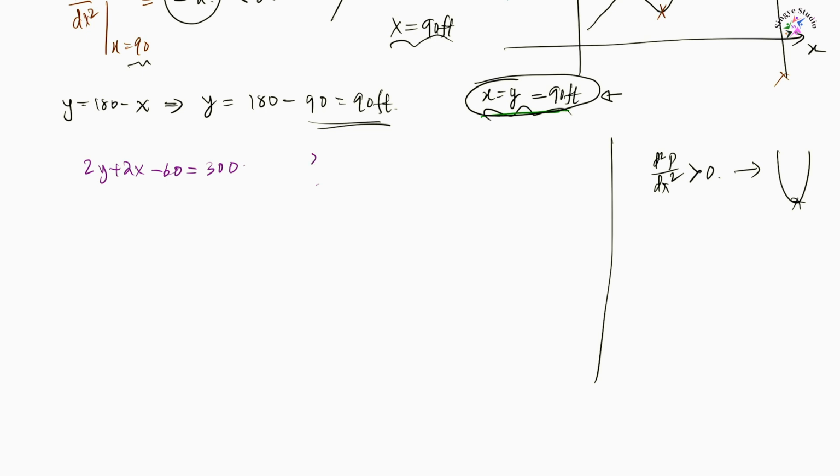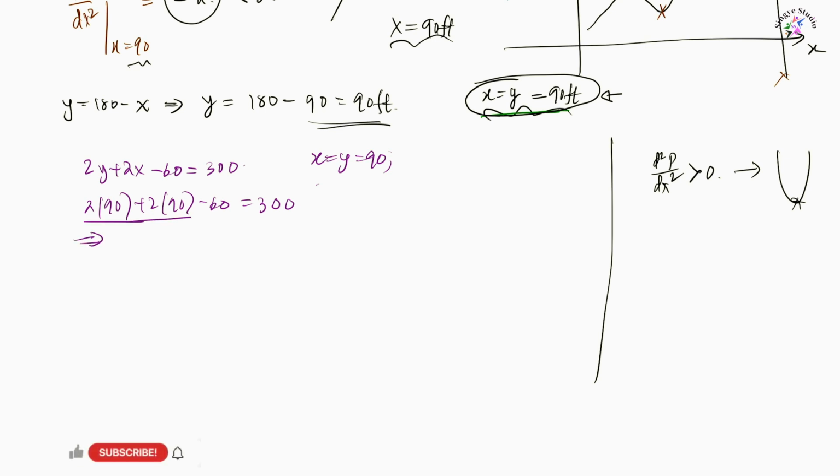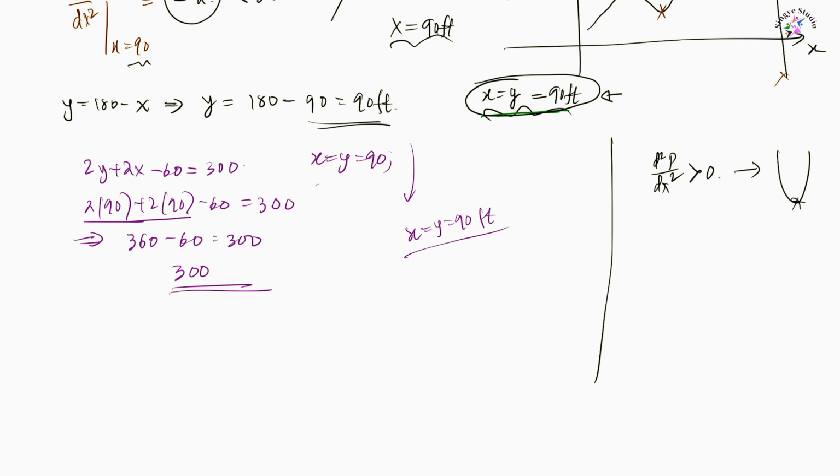By substituting x equals y equals 90, we get 2 times 90 plus 2 times 90 minus 60 equals 300, which is 360 minus 60 equals 300. Okay, which means that the sides x equals y equals 90 feet are valid.